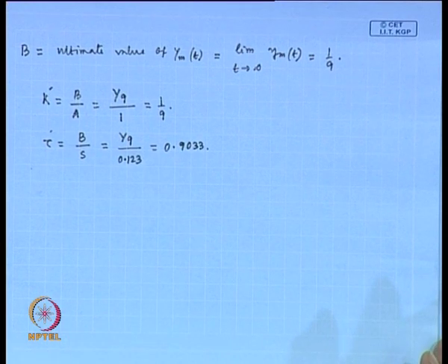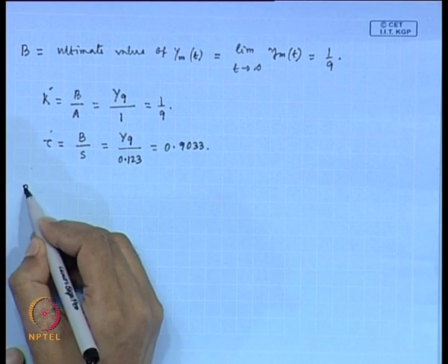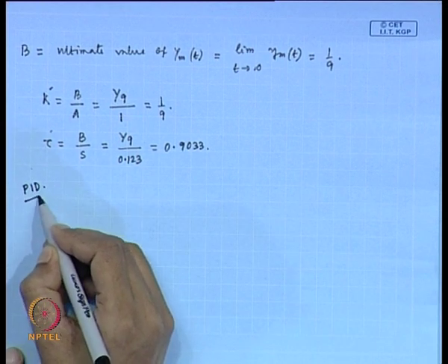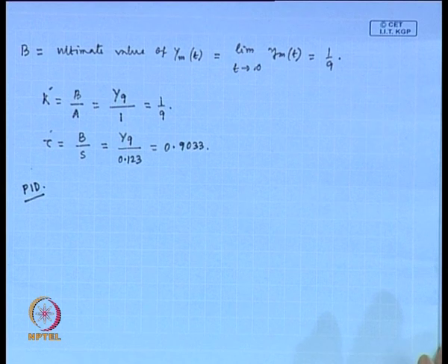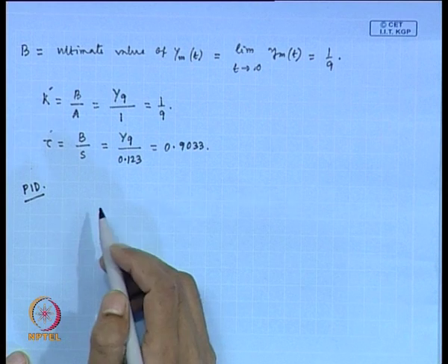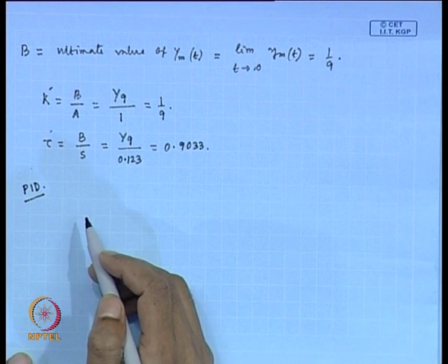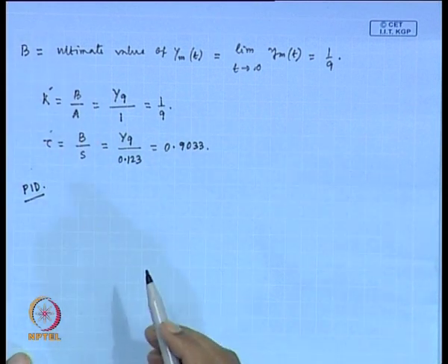Now, what controller have we used? PID controller. They have proposed the expressions for Kc, tau I and tau d as a function of this K, tau and Td.